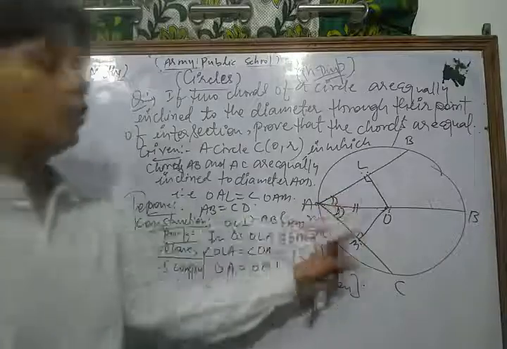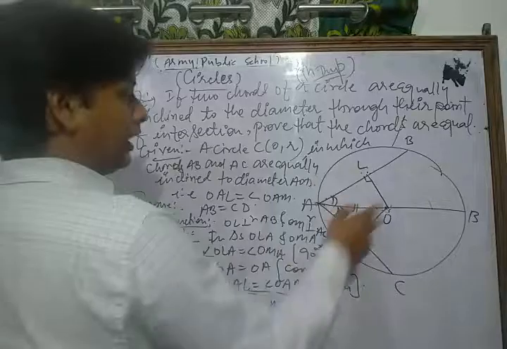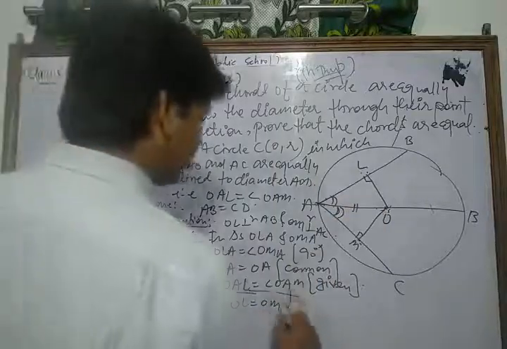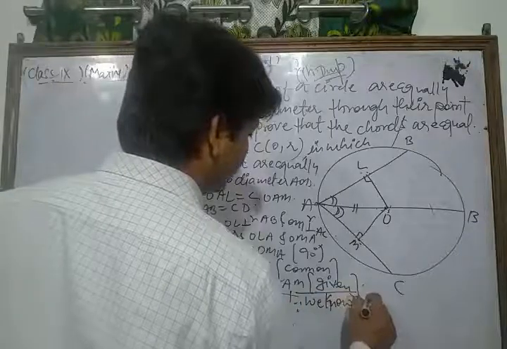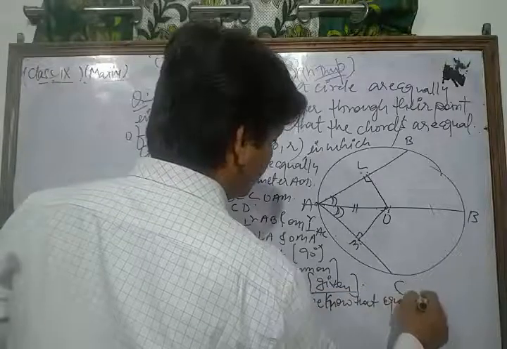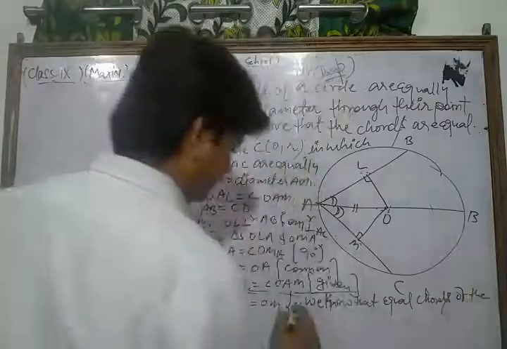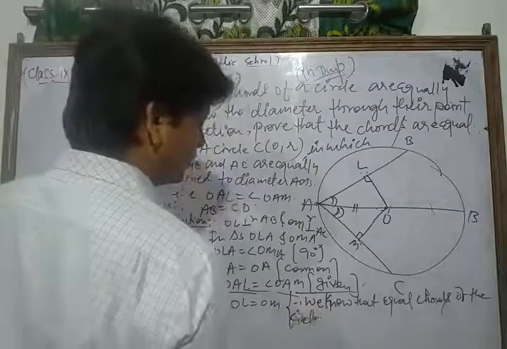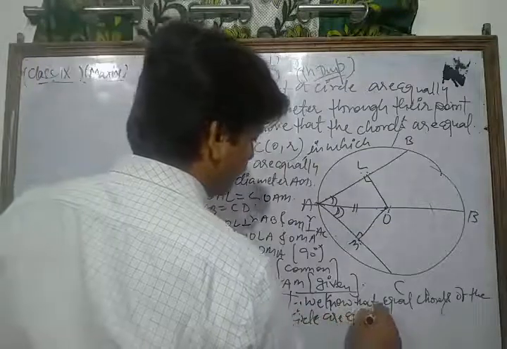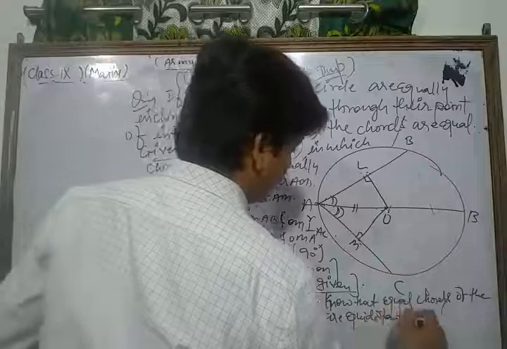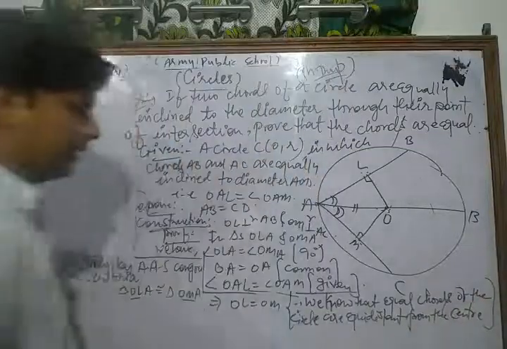If OL is equal to OM, just know that equal chords of a circle are equidistant from the center.